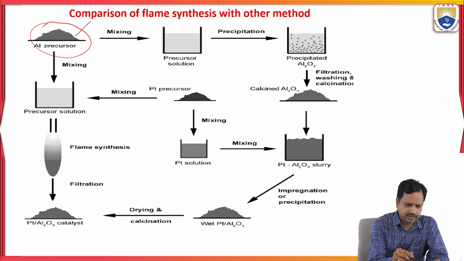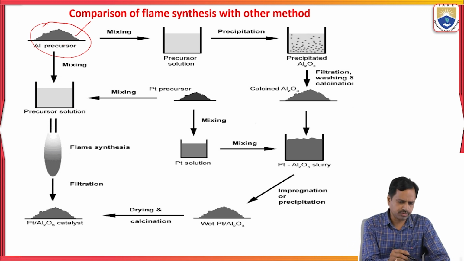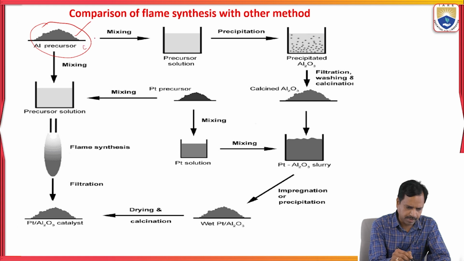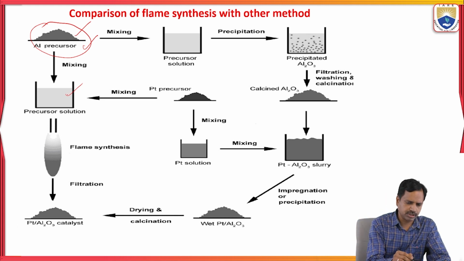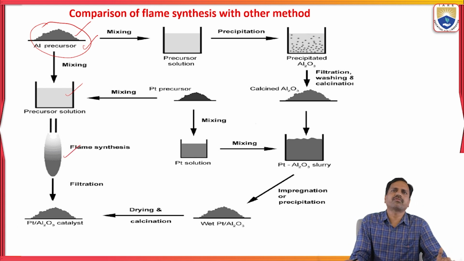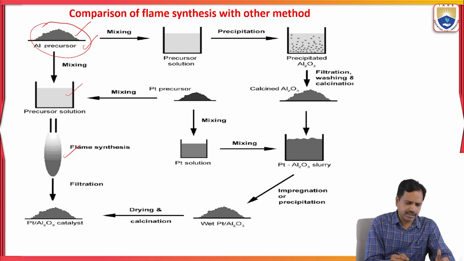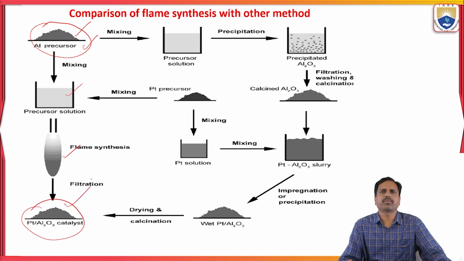In this one, we'll take this route first. The platinum precursor will be taken and dissolved in a suitable solvent, and it will be injected in a flame. The solvent will be organic, so it can easily be evaporated, and directly we can collect the platinum doped aluminum particles.